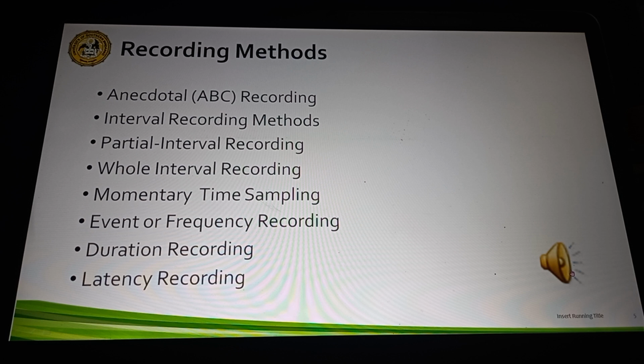Now for the sixth recording method, we have the event or frequency recording. Now this type of recording involves the number of times a behavior is observed to occur during an observation period, hence the frequency recording. It involves a count of the number of separate instances of the behavior.